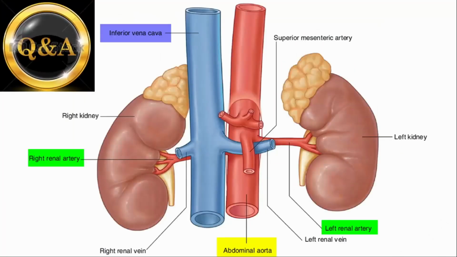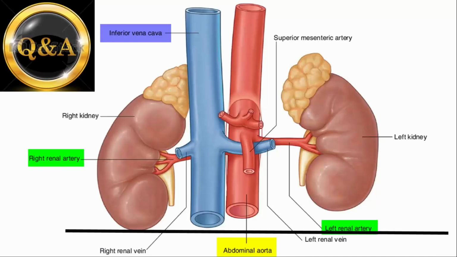What information can I extract from this image? First of all, of course, the right kidney is lower than the left. I can see that the color of the kidney is reddish brown, and there is segmentation.